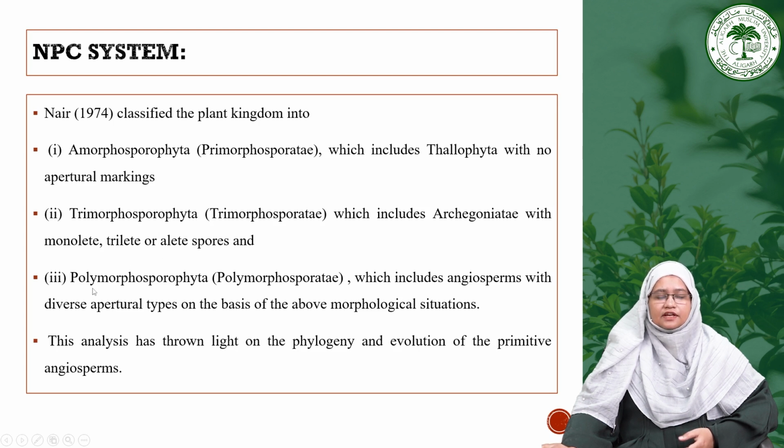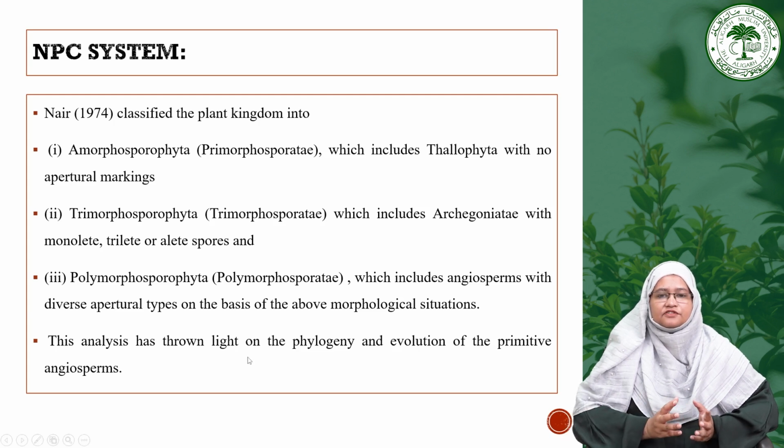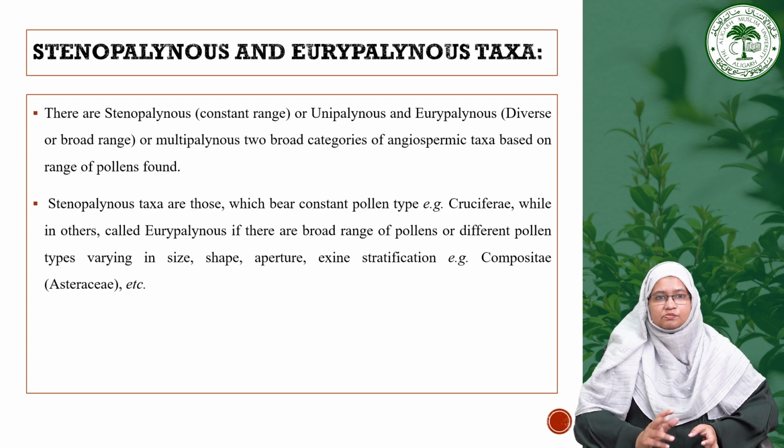And the third type is Polymorphophyta, which includes the angiosperms with diverse aperture types. On the basis of the above morphological situations, this analysis has thrown light on the phylogeny and evolution of the primitive angiosperms.